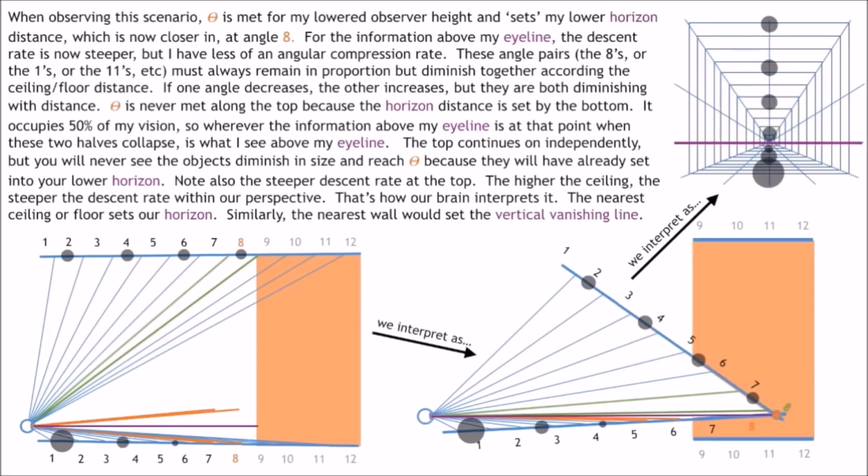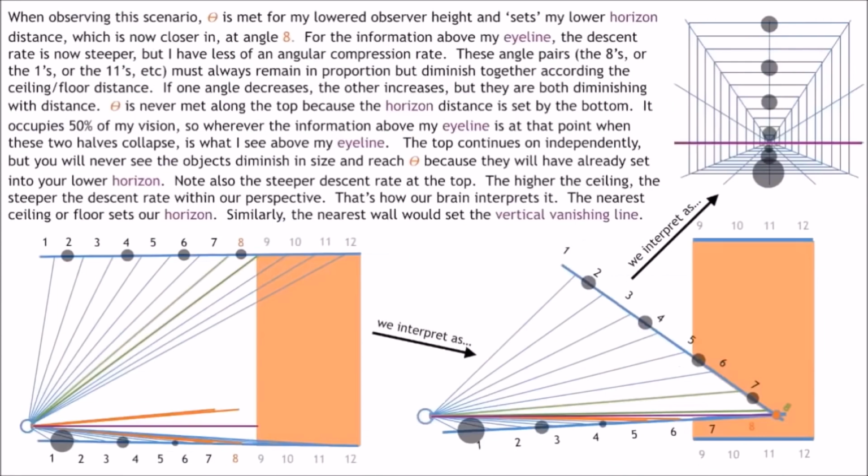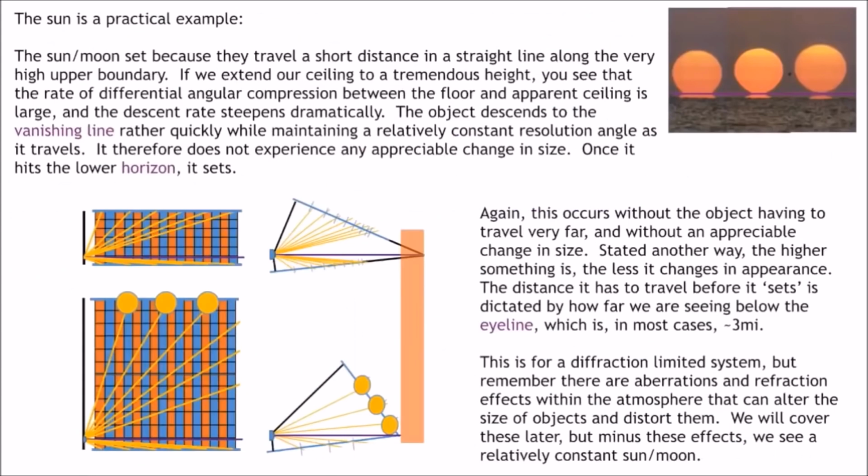And along the top, you have the object start out smaller, but it remains relatively stable because the angular size compression rate is not as great. So the angles remain somewhat large as it descends away from you, and it maintains its relative size for the most part. And at the end, it will eventually set into the horizon.